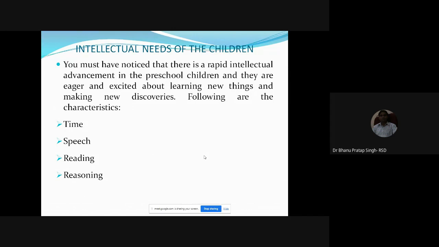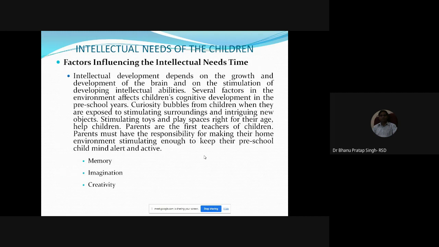They start reading, even reasoning reasonably. They try to solve problems also. But all of this should be under the proper guidance of the teacher and parents.